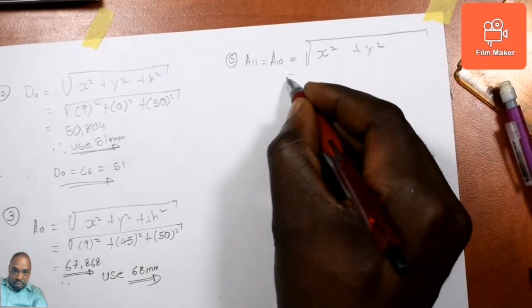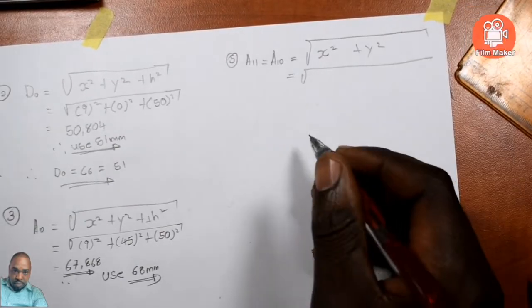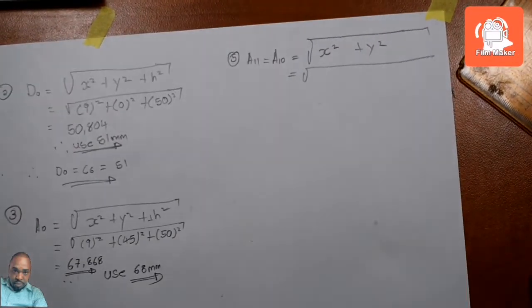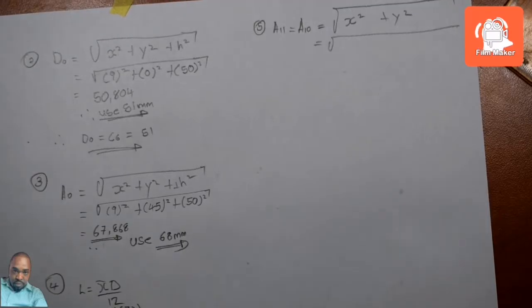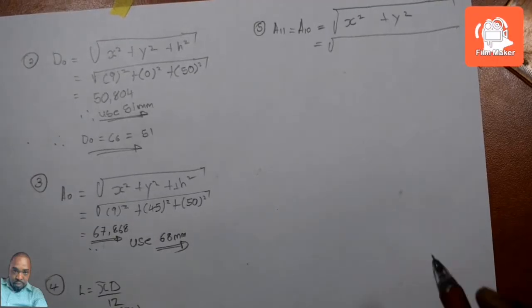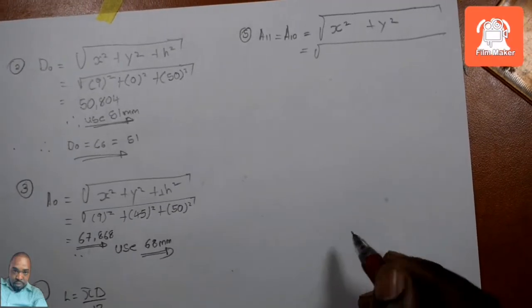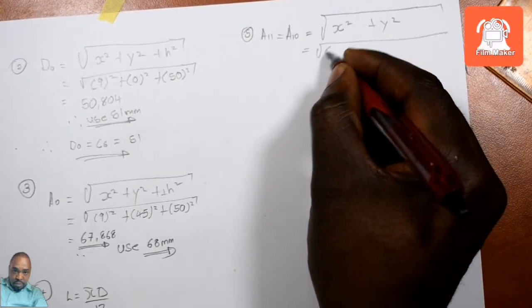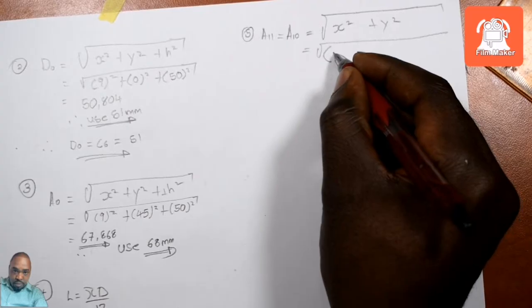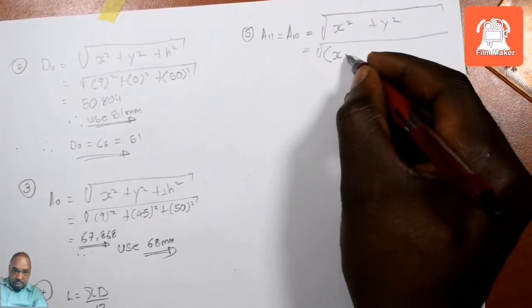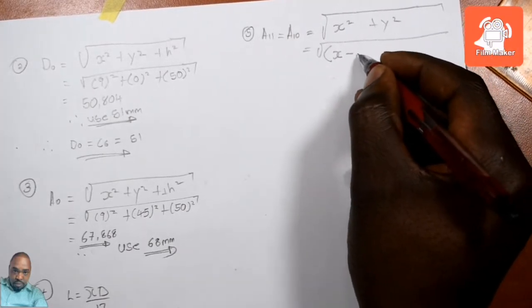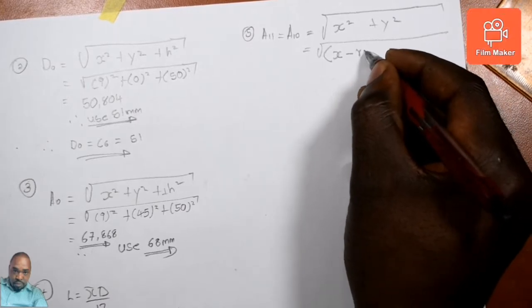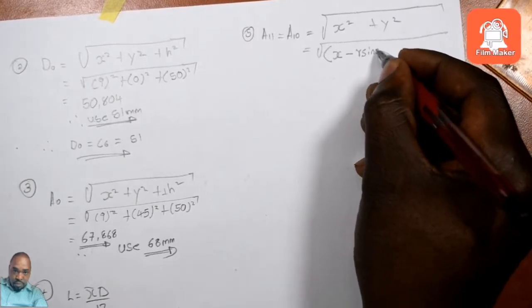So now I'm going to say square root of, let's substitute now. So the x is what? The x is going to be x minus r, small letter r, sine theta.